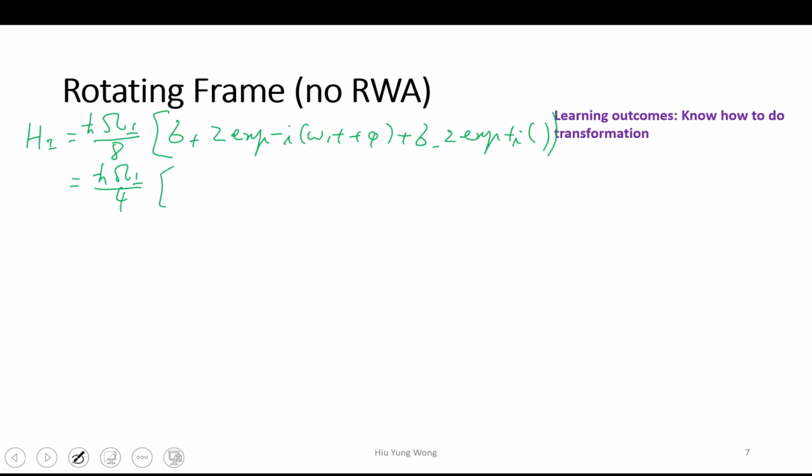And then you have this term, exponential negative I omega 1 t plus phi, sigma plus, exponential I omega 1 t plus phi, sigma minus. Is this okay?